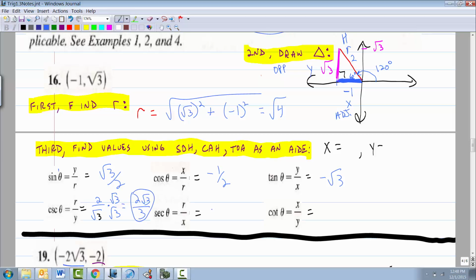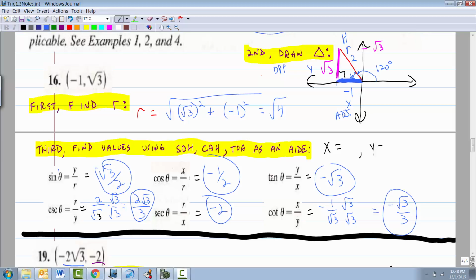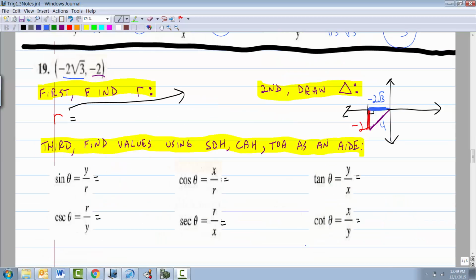Get used to it. And then I got to do it again. You're going to do this so many times that you should know that this is going to be -3 over 3 eventually. You're going to rationalize so many times in the beginning of this chapter that that should come quick. Maybe not yet, but eventually.